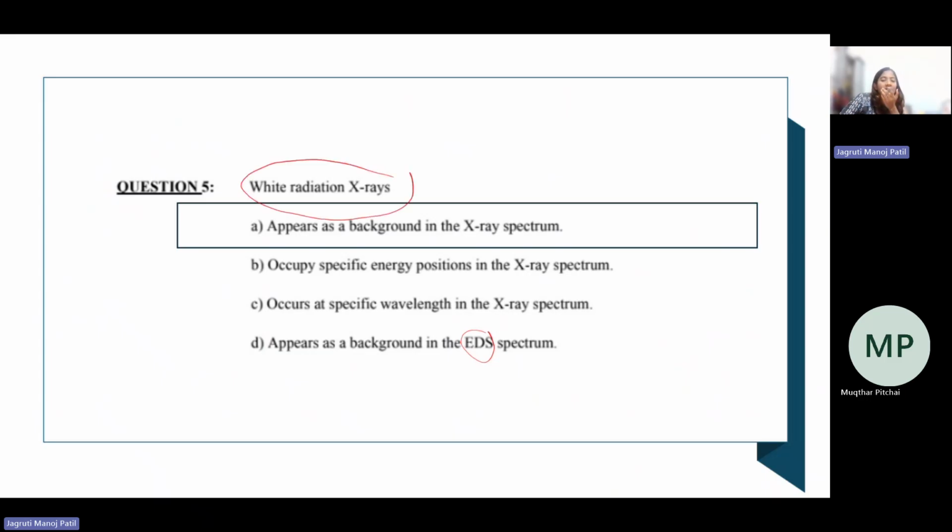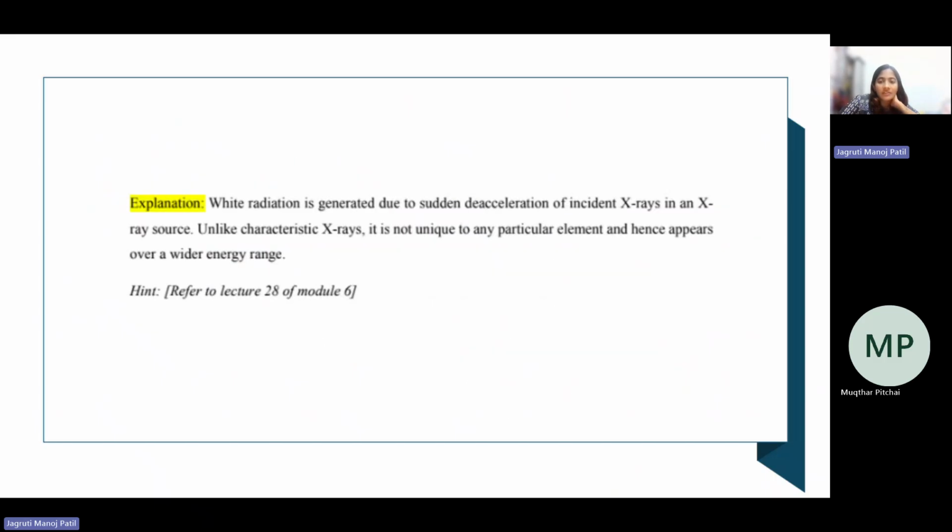Those aren't giving information about the elemental analysis, so they are described as background. It's due to the deceleration of the electrons, and it's not specific to any particular element. The energy spectrum is very broadband, a very wide range of energy.